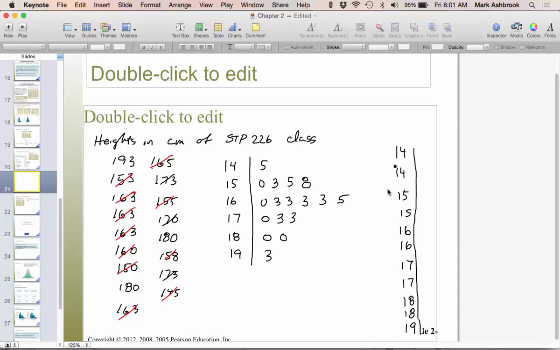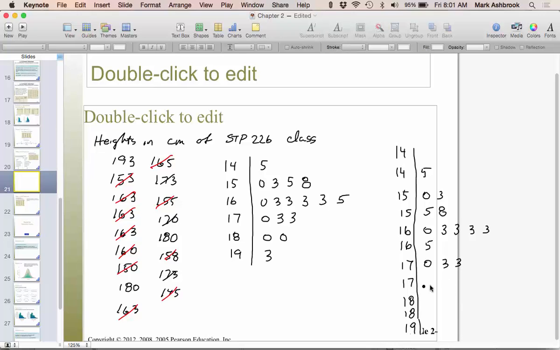Okay? So the 2 14s would be, you'd have 0 to 4, we don't have any, and then 5 to 9. We put the 5 here. And then for the 15s, 0 to 4, 0 and 3, and then starting at 5 and 8, that. 16, 0, 3, 3, 3, 3, and 16, 5. 17, 0, 3, 3.